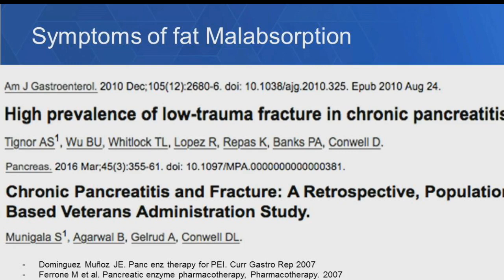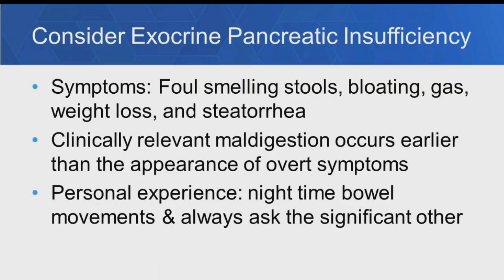So this should be one of your take-home messages. Look at a bone density scan, keep this in mind, because you may prevent a bone fracture in this type of patient.